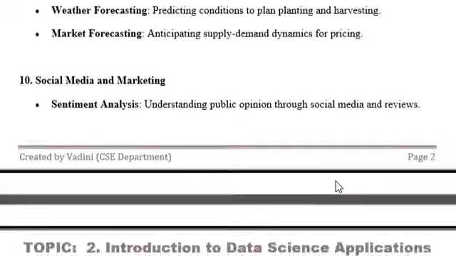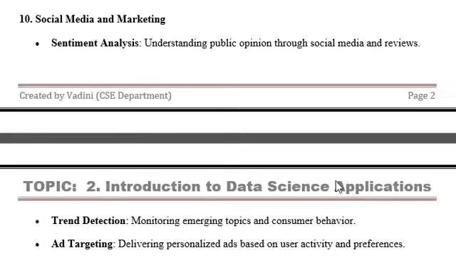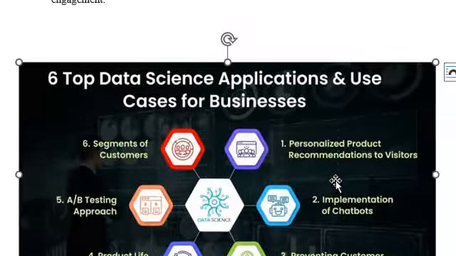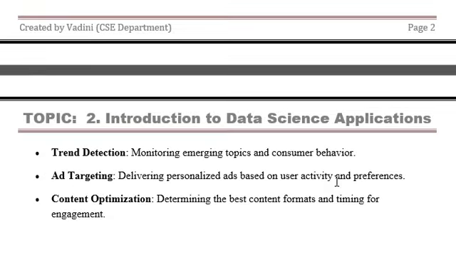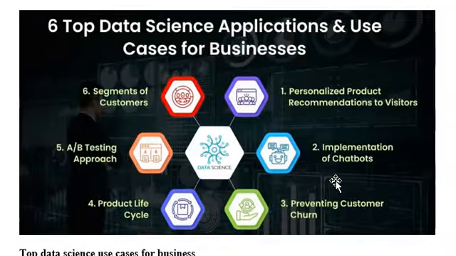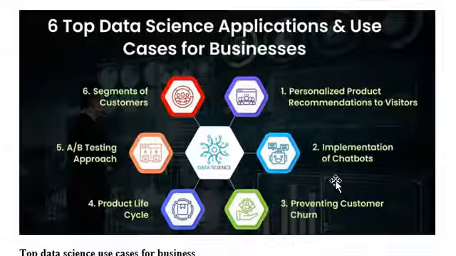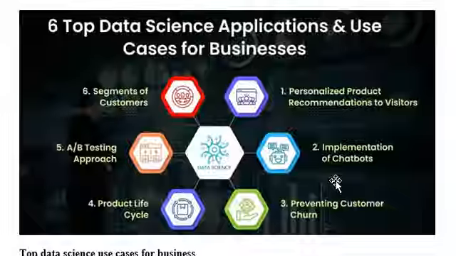Then social media and marketing: sentiment analysis, like what the public opinion and public demand is, trend detection, ad targeting, and content optimization. So these are some very important applications and use cases, just given as examples.